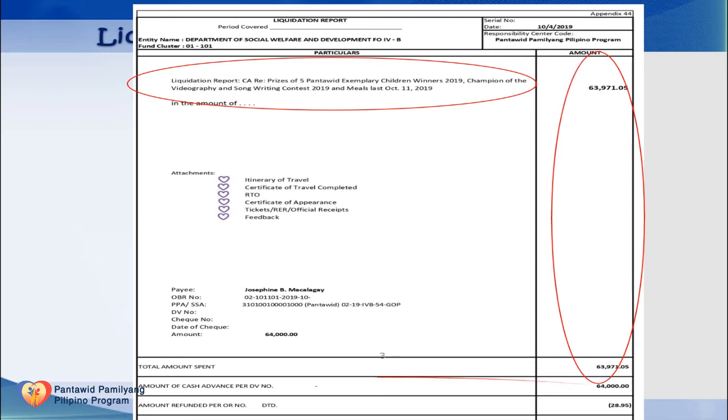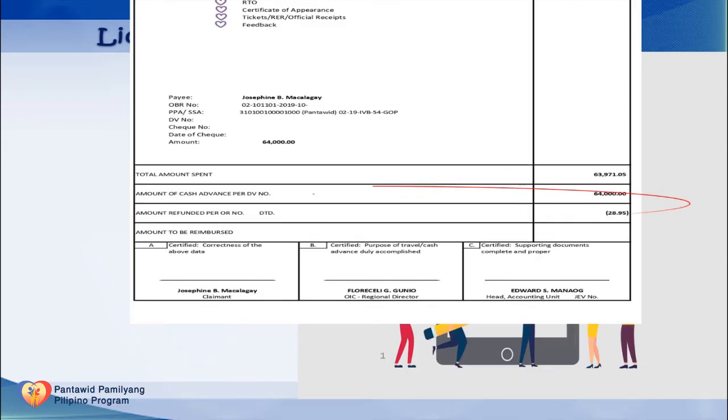Then, the amount of cash advances as indicated in the disbursement vouchers on the grant of cash advance, and the disbursement voucher number and the date should be specified. Amount refunded representing excess of the cash advance received over actual expenses incurred. The official receipt number and date should be specified.